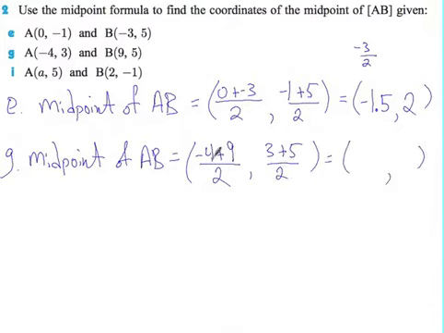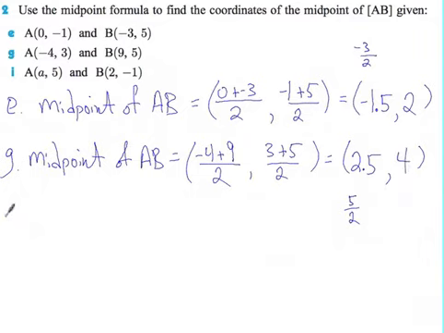Simplifying the fraction, -4 plus 9 is 5. 5 divided by 2 is 2.5. That's 5 divided by 2. 3 plus 5 for the y's is 8. 8 divided by 2 is 4.